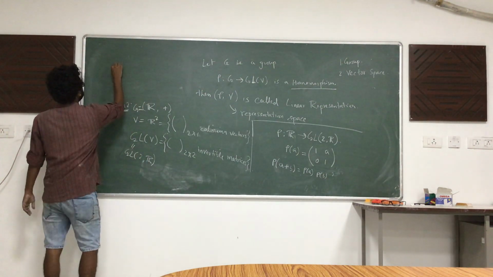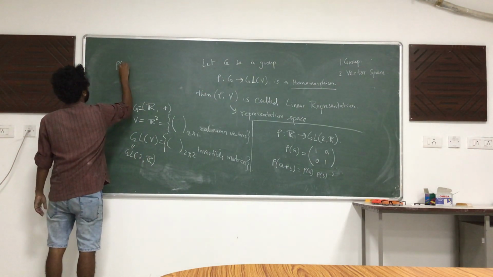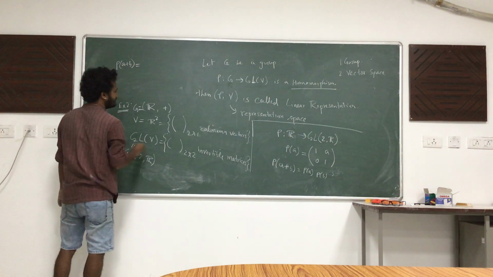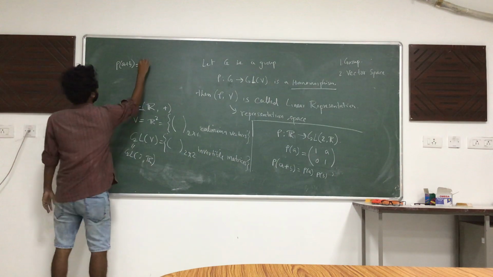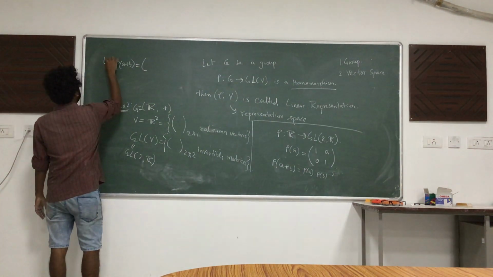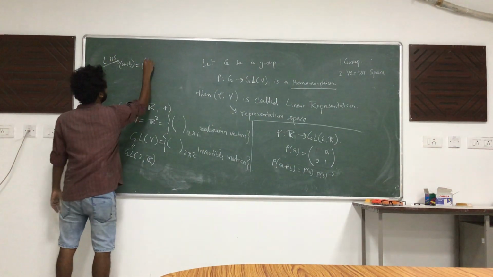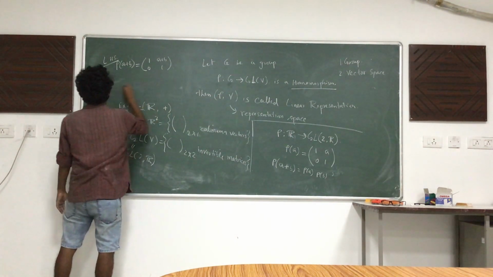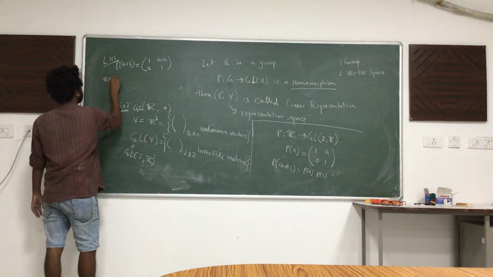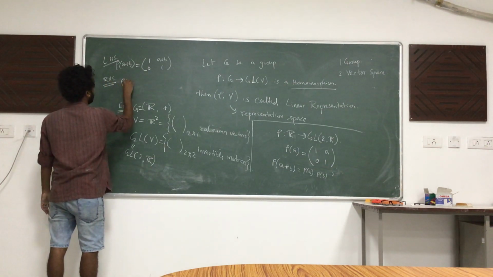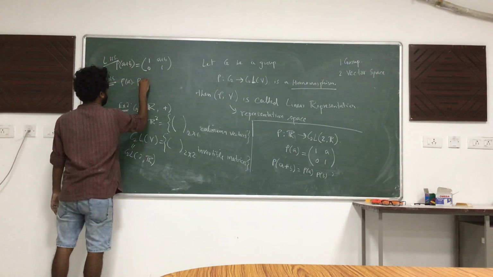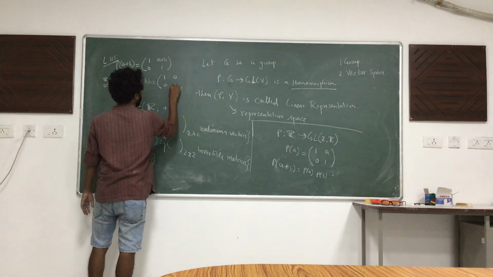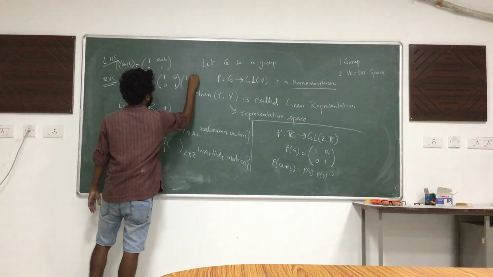Let us check this. So rho of A plus B is 1, A plus B, 0, 1. This is the left hand side. And what will be the RHS? RHS is rho A times rho B. This is 1 A 0 1, times 1 B 0 1.